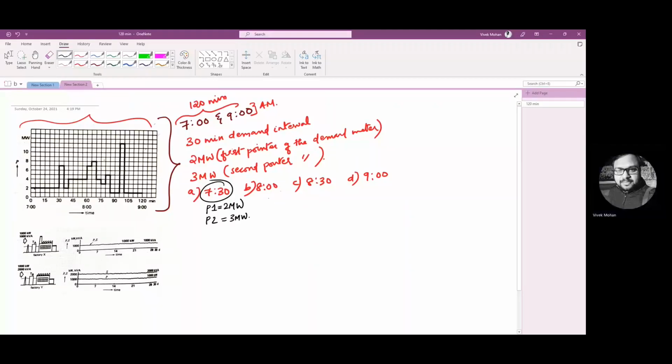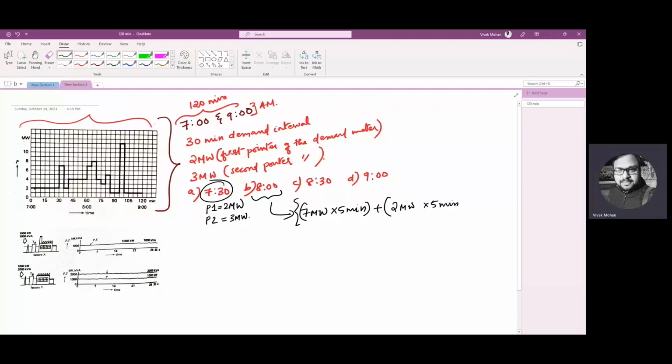So it is for this one: 7 megawatts for 5 minutes, plus 7 megawatts for 5 minutes, from 7:30 onwards. I'm calculating for the 7:30 to 8 interval. Then 2 megawatts again for 5 minutes. You can see here, this is 7 megawatts for 5 minutes, then 2 megawatts for 5 minutes.